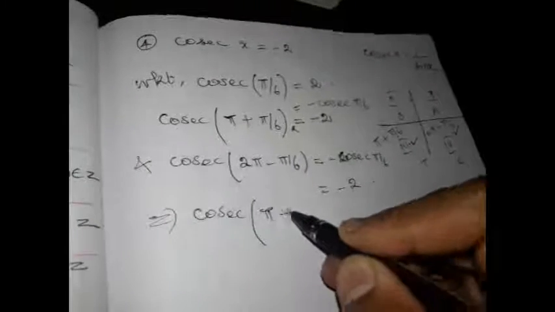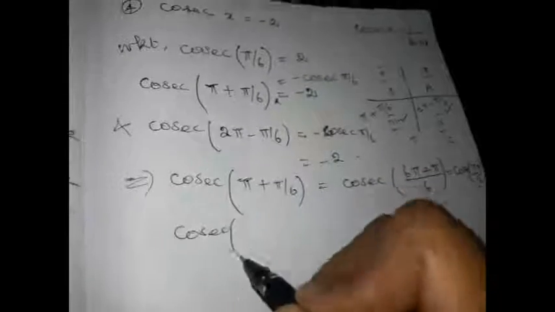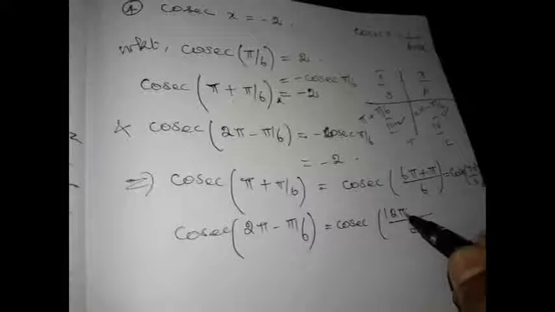Cosec of pi plus pi by 6, take LCM, 6 pi plus pi, which is nothing but cosec 7 pi by 6, and the other one is cosec of 2 pi minus pi by 6, take LCM, 6 twos are 12 pi minus pi, which is equal to cosec 11 pi by 6.